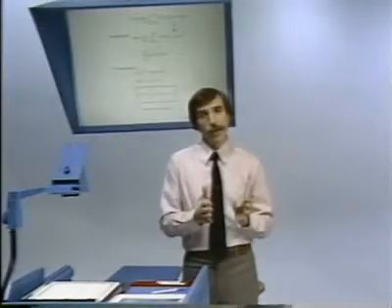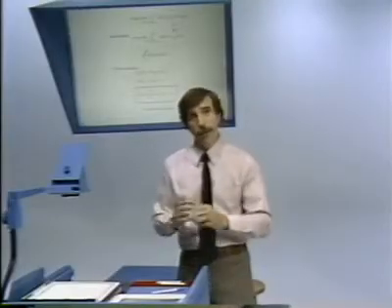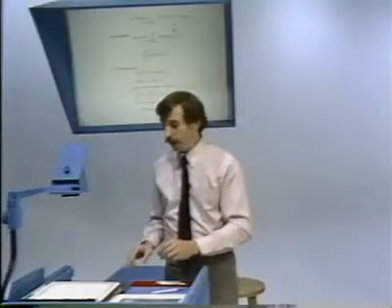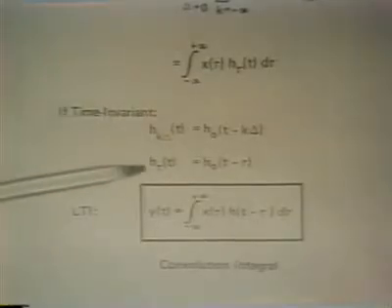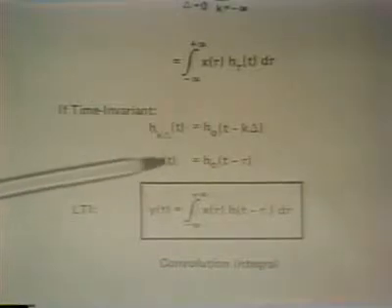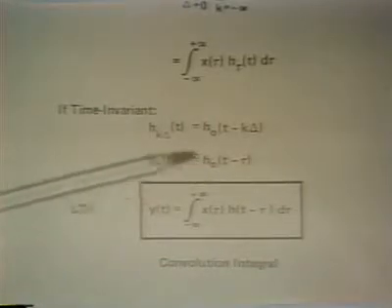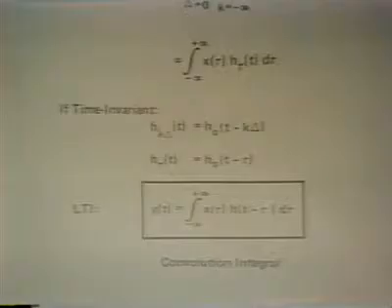Now again, we can do the same thing. In particular, if the system is time invariant, then the response to each of these delayed impulses is simply a delayed version of the impulse response. And so we can relate these individual terms. In particular, the response to an impulse occurring at time t equals tau is simply the response to an impulse occurring at time 0 shifted over to the time origin tau.